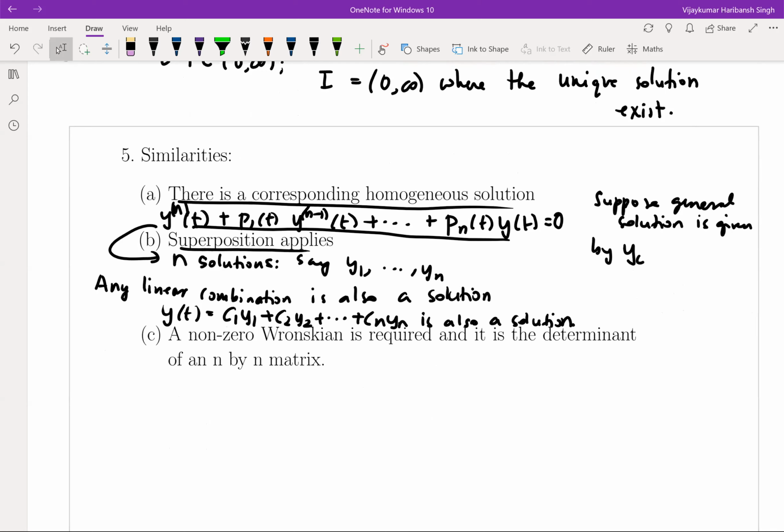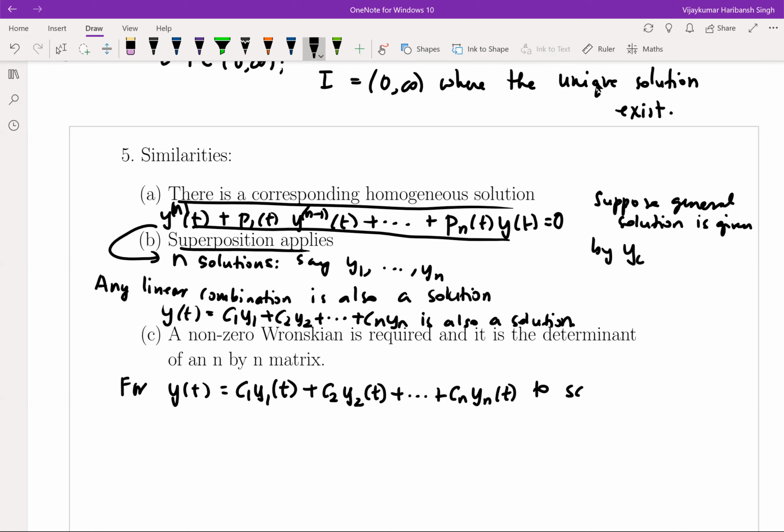So we have the following for y of t, which is c1 y1 t plus c2 y2 t dot dot dot cn yn t, to satisfy the n initial conditions.